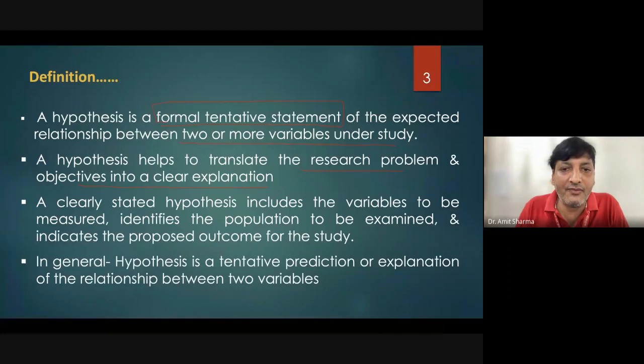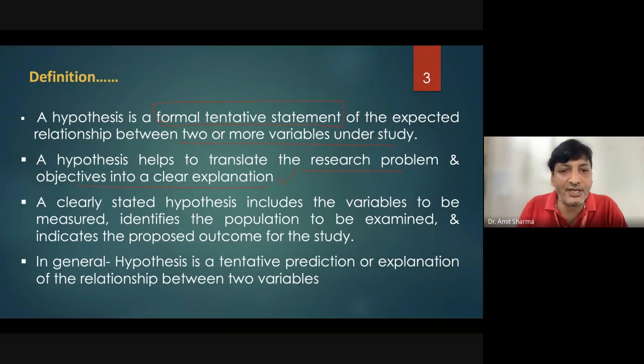So whenever we are closer to the results, we have an answer. Not only A, there might be some other reasons responsible for causing B. So A is not the only one. That means other factors are also contributing, might be the age of the person, the gender of the person, which can also participate in the development of the cancer. So you will have a clear explanation whenever you test your hypothesis.